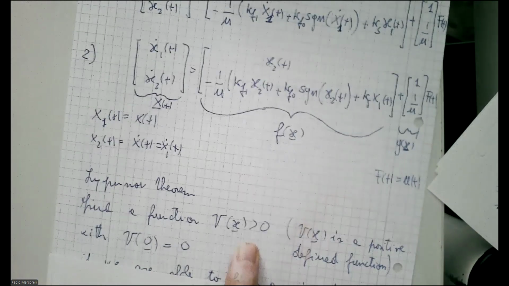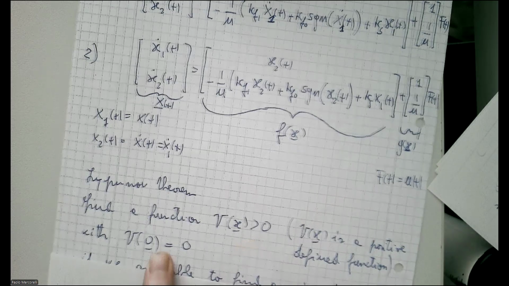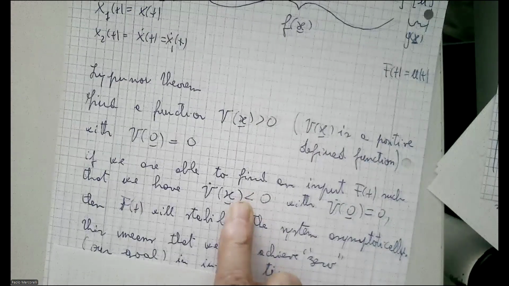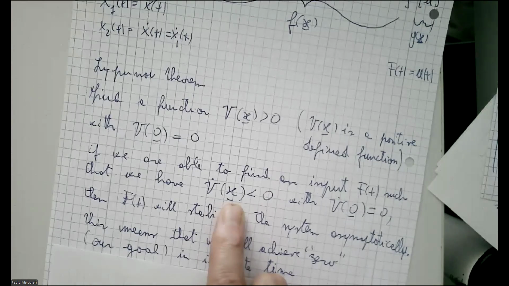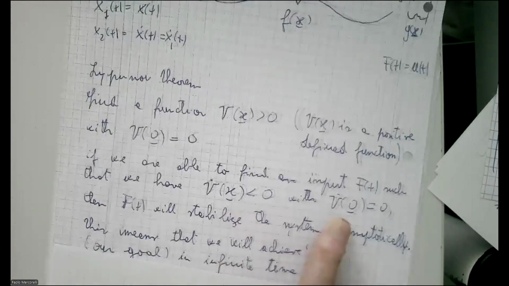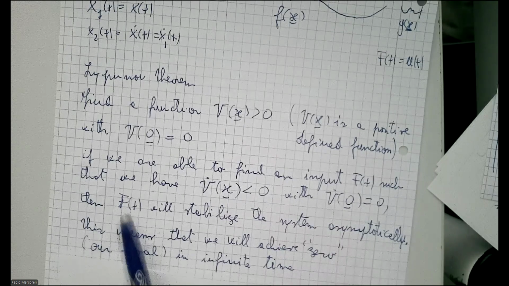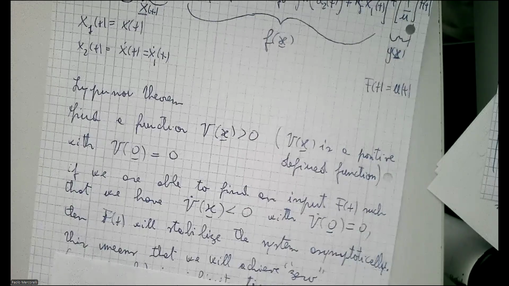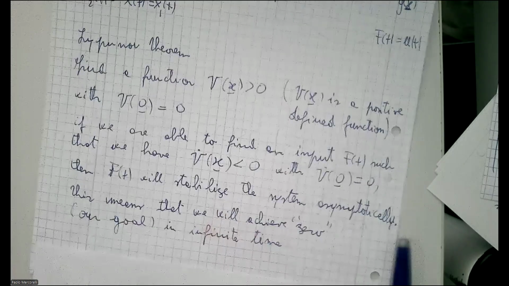Lyapunov theorem. Again, now we are able to work with this. I have to choose a positive function in accordance with the theory. At the goal, which we didn't fix here, it must be 0. And the derivative with respect to time of this function, which depends on x1 and x2, must be negative, and then this one, here I put it. Basically, we have to find an f of t which stabilizes the system asymptotically.